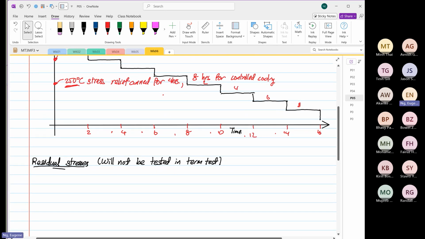Residual stress will not be tested in the term tests, but will appear in the final exam.